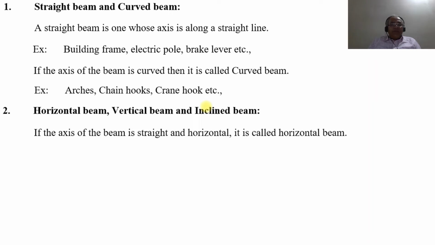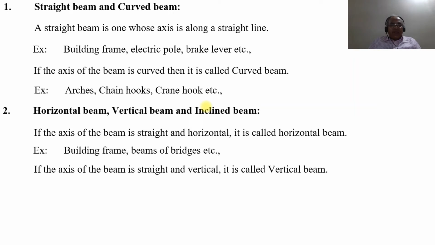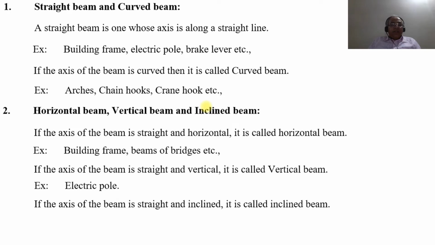If the axis of the beam is straight and horizontal, it is called a horizontal beam, for example the building frame, the beams of bridges, etc. If the axis of the beam is straight and vertical, it is called a vertical beam, for example the electric pole. If the axis of the beam is straight and inclined, it is called an inclined beam. The example for this is the ladder.